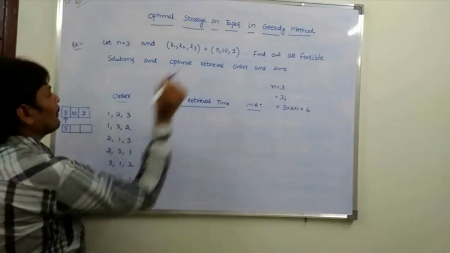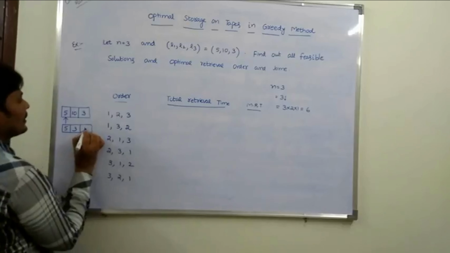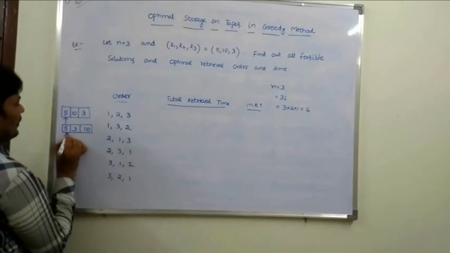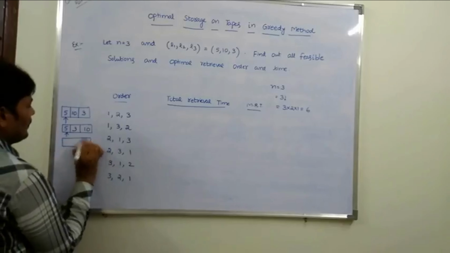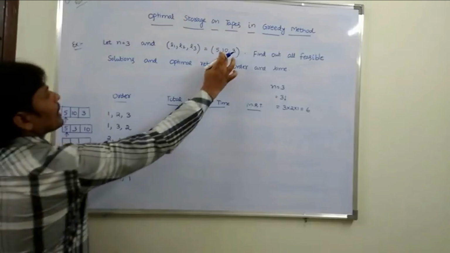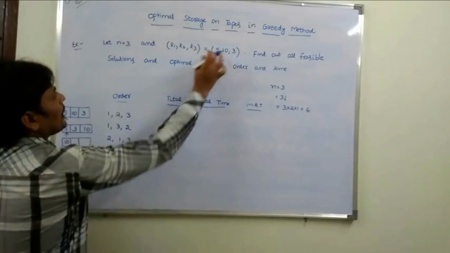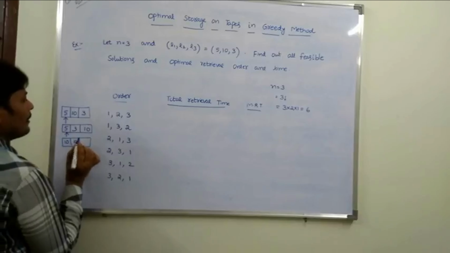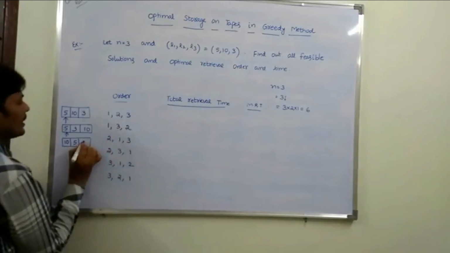The third program length, that is 3. Second program length, that is 10. Next, third way. Second program length is 10. Next, first program length is 5. Next, third program length is 3.